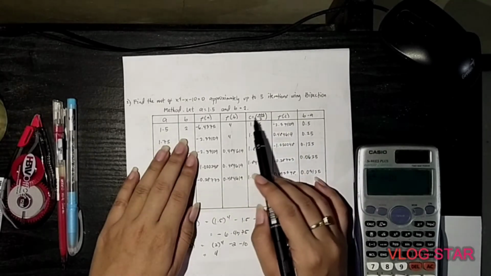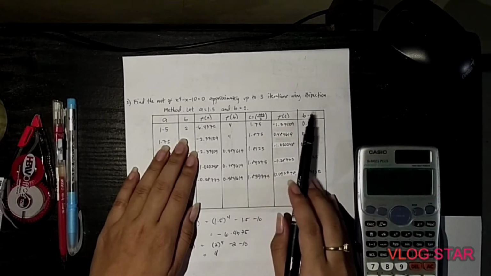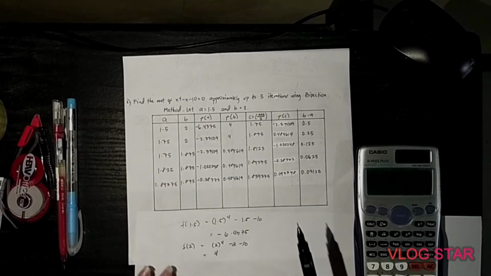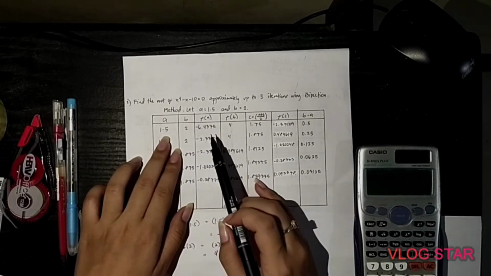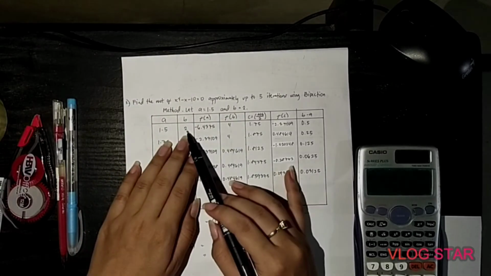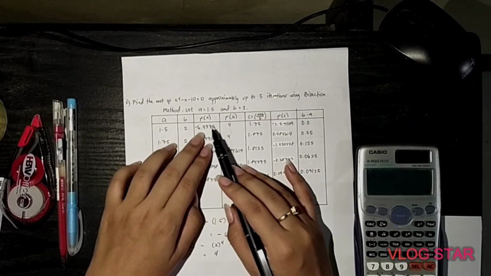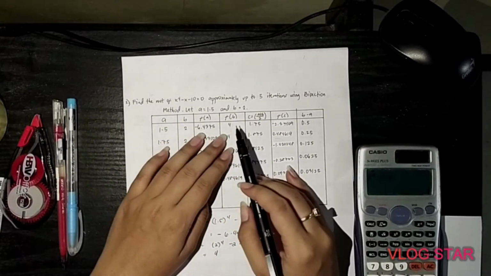And f of c is the function of c, and b minus a to find the difference between a and b. So the value of a is 1.5, the value of b is 2, and the value of f of a is negative 6.4375, and f of b will be 4.